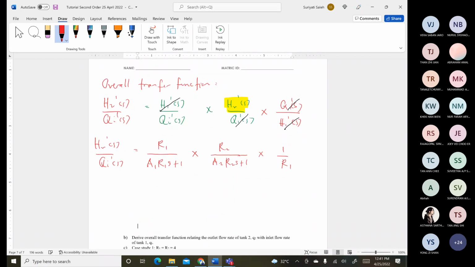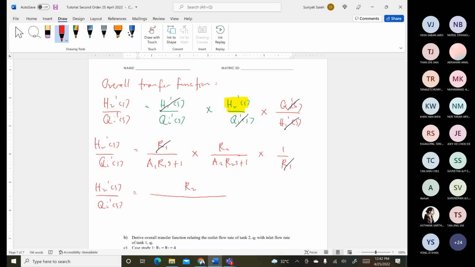So the next step is to do the simplification where we have the H2 prime S over Qi prime S equal to. Based on this, we know that the R1 can be cancelled. You have the R1 here, you have R1 here, so it can be cancelled. That leaves us the R2 on the numerator.